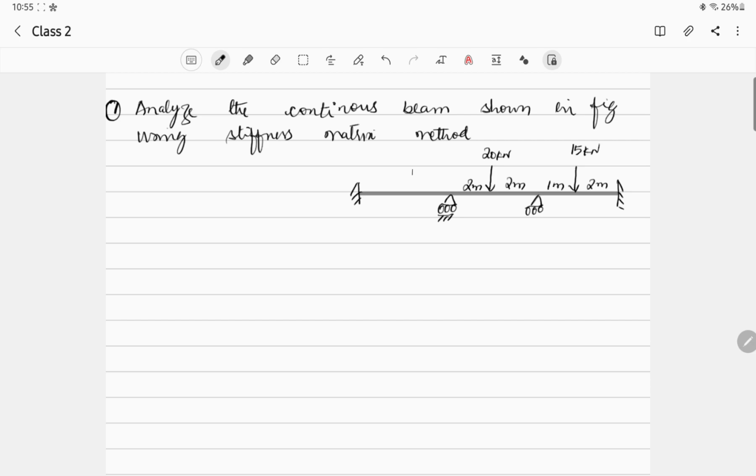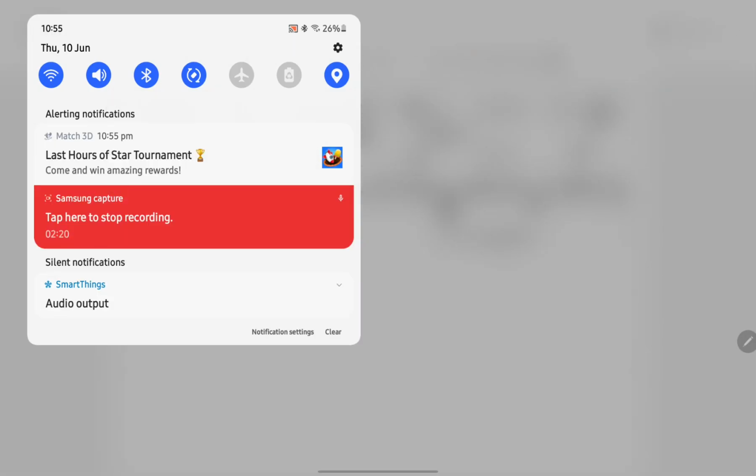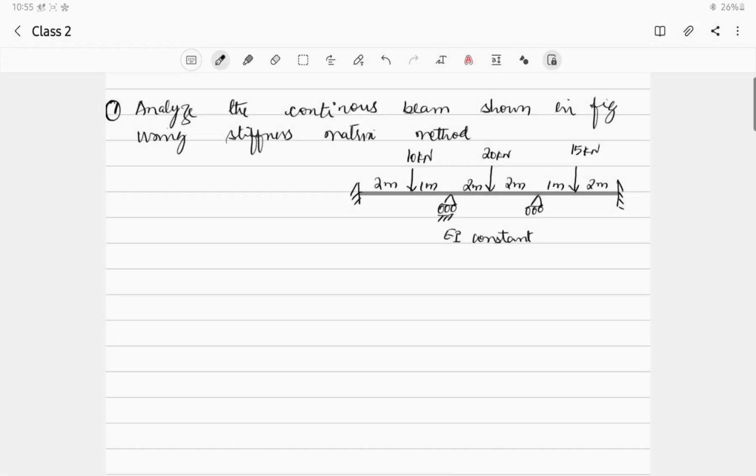Then we have another point load of 10 kilonewton, with distances 1 meter and 2 meter, and it is mentioned that EI is constant. The value of EI is constant throughout.